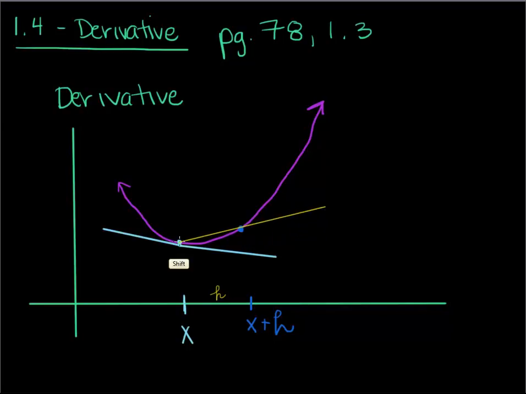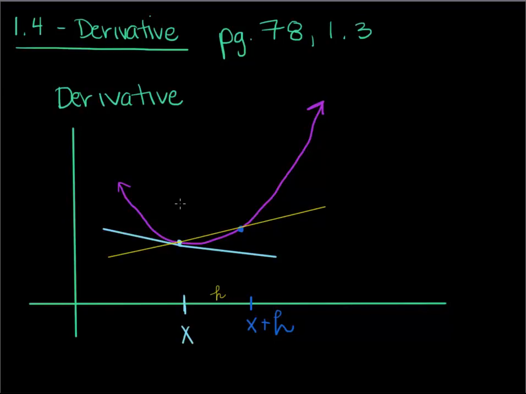This line right here is what I am going to use to estimate the slope of this blue line here, which clearly is not a good slope. Look at the slope of this line. The slope of the blue line is negative, while the slope of the yellow line is going to be positive. So I know it's not a good approximation, but it's going to at least get me there.